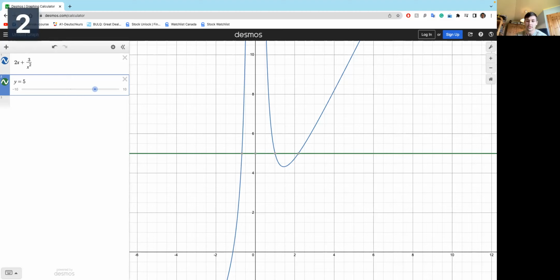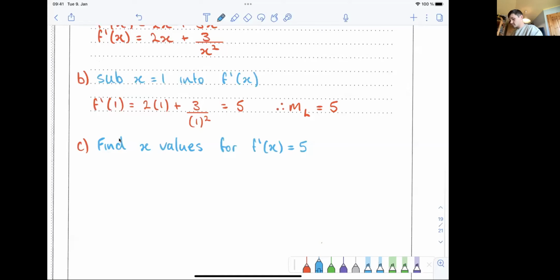Let's bring you back over to the pad. And so we will conclude that, let's go into green, f dash x equals 5 has 3 solutions.